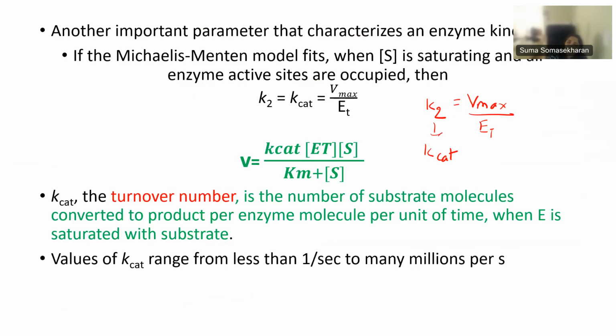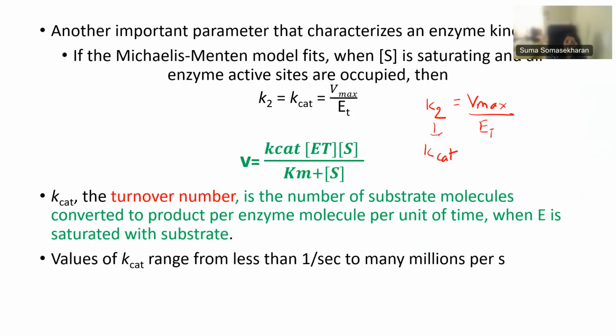Kcat is the turnover number, that is, the number of substrate molecules that are converted to product per enzyme molecule per second when all of the active sites of the enzyme are occupied by substrate. So it defines how much product is made by one enzyme molecule per second, right?